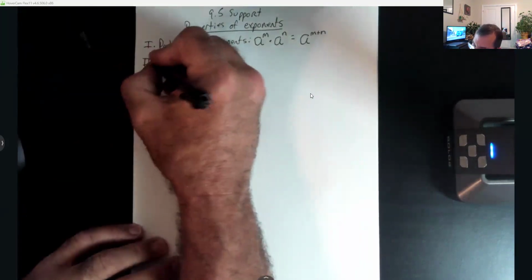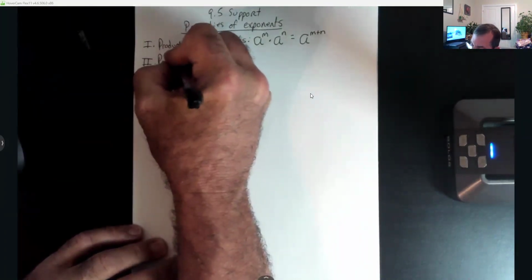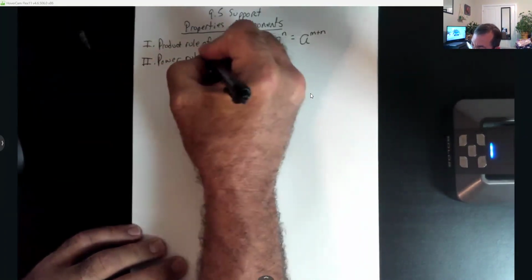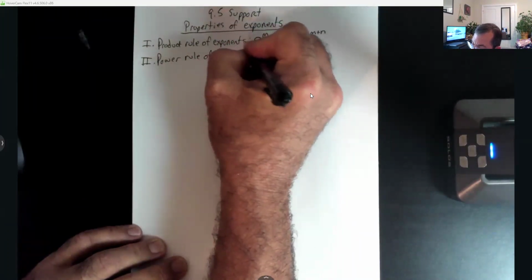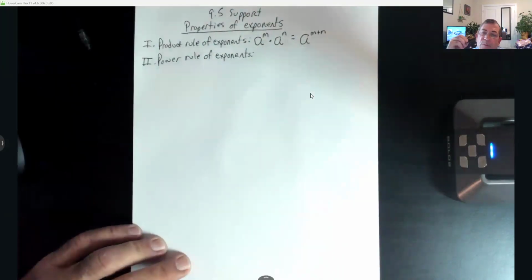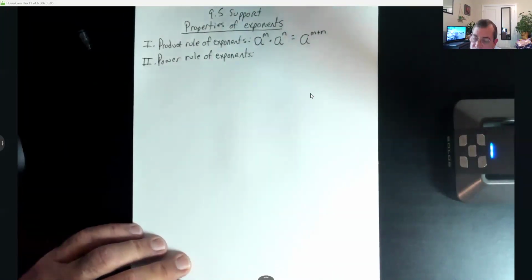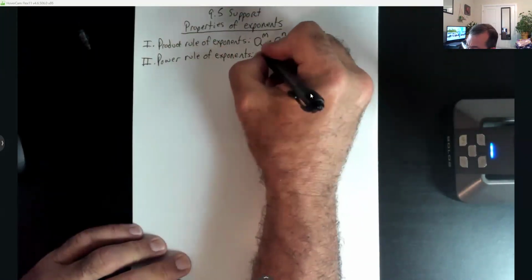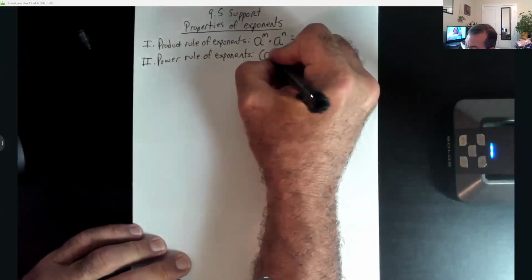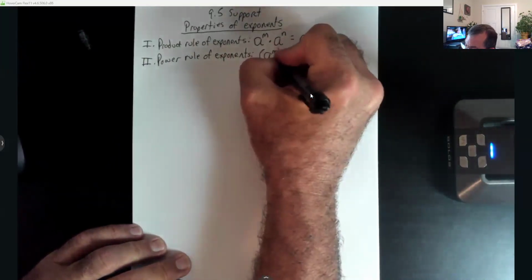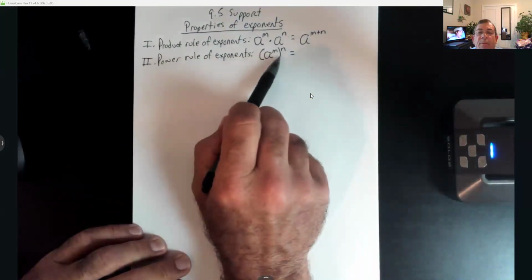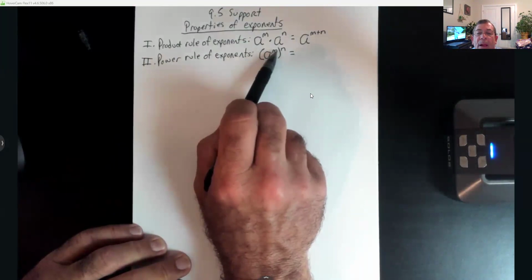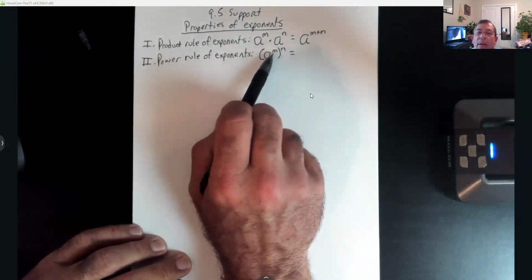All right, then we got the power rule of exponents. And this is mainly when you got things inside of parentheses. So if we had, say, a to the m raised to the n exponent, so you got parentheses, and basically we're raising an exponent to an exponent.